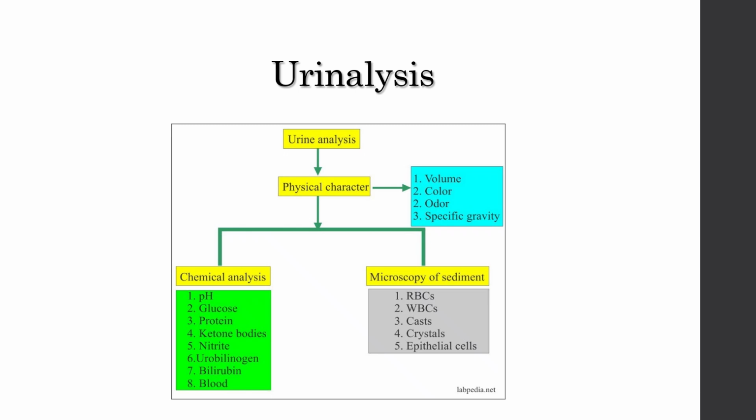Microscopy may reveal red blood cells, which suggest glomerular bleeding, white blood cells, which suggest inflammation or infection, and casts formed within renal tubules. Crystals, metabolic or obstructive processes, okay? Epithelial cells, which is tubular injury. So urinary casts are literally molds of renal tubules composed of Tamm-Horsfall protein and cellular debris.